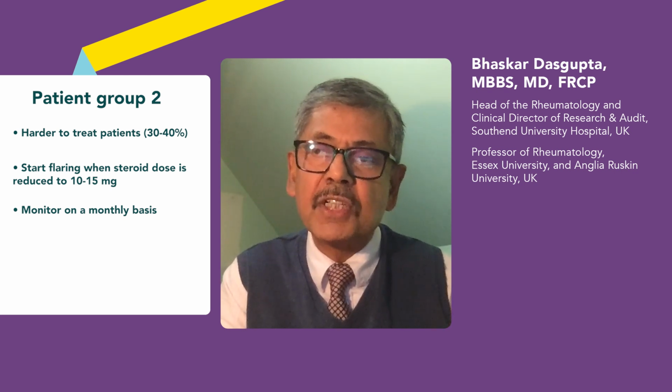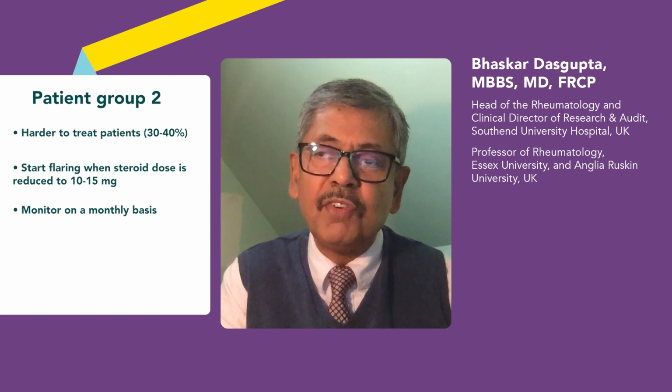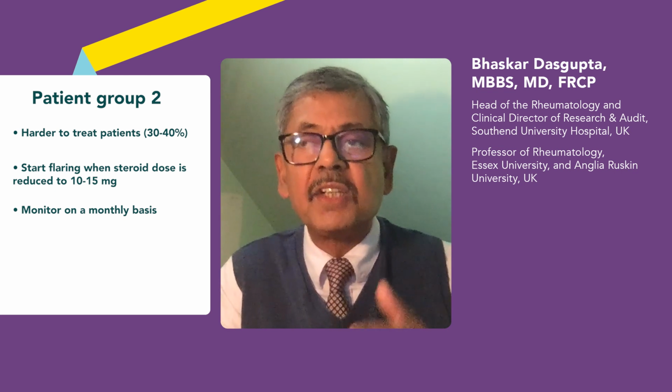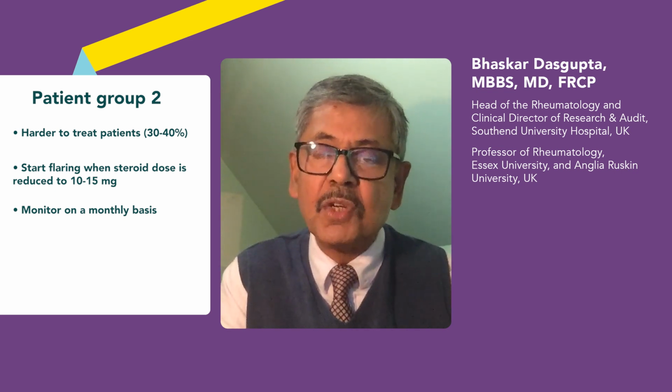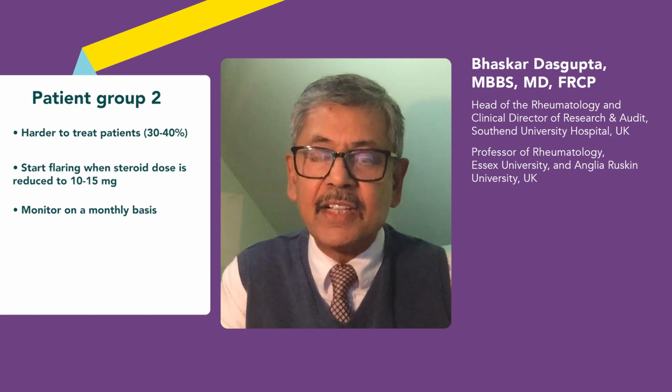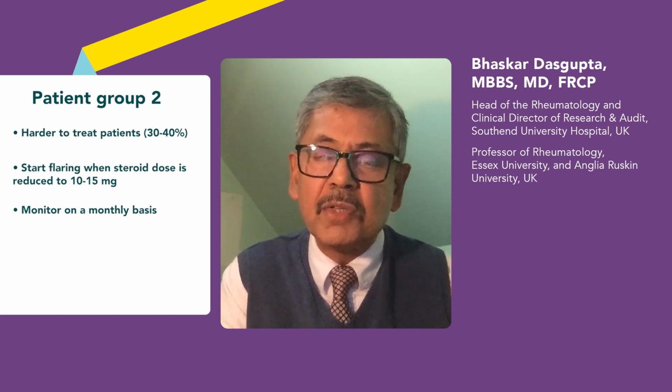These are the patients you really need to follow on a monthly basis, because you've already stratified the patient into the relapsing category, and now you want to make the treatment stratification. So you need to add on to the tapering dose of steroid.